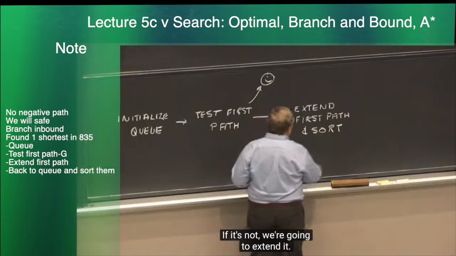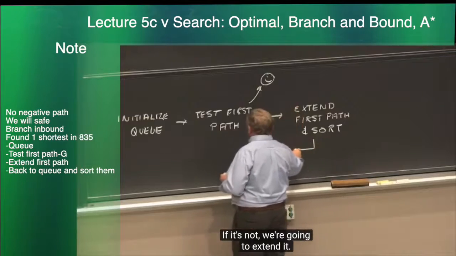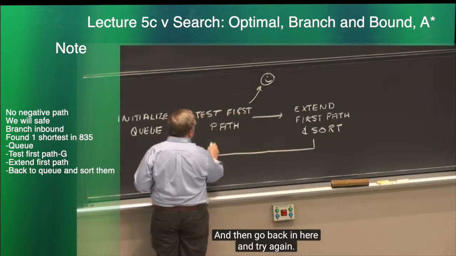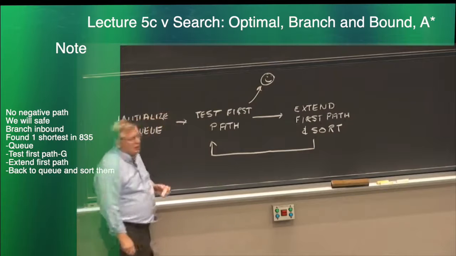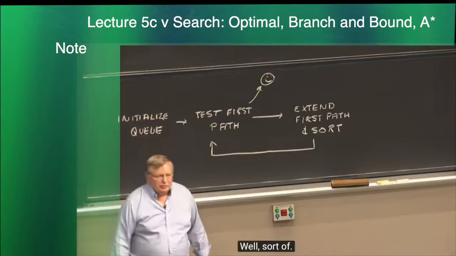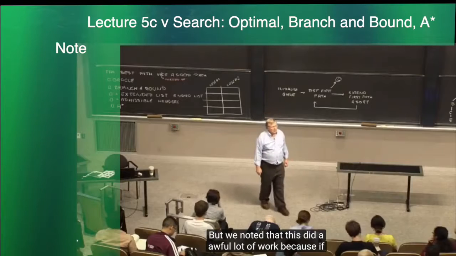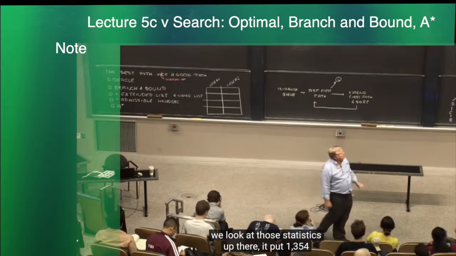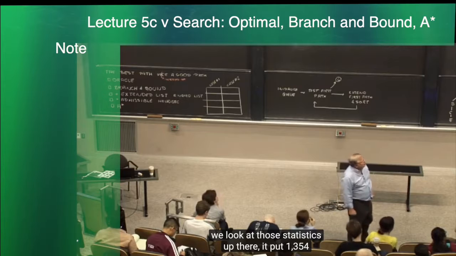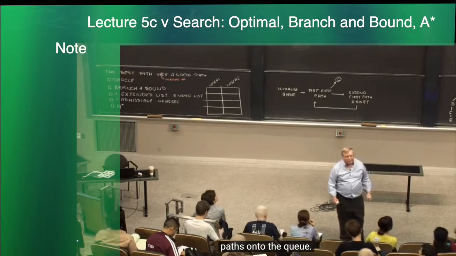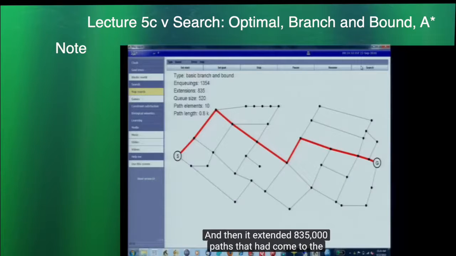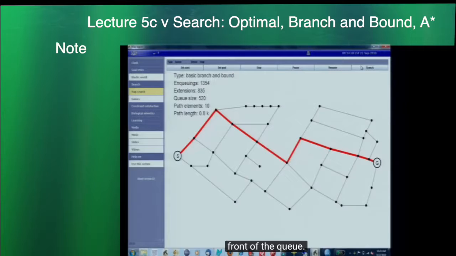If it's not, we're going to extend it and then go back in here and try again. Well, sort of. But we noted that this did an awful lot of work, because if we look at those statistics up there, it put 1,354 paths onto the Q. That's the enqueuing part. And then it extended 835 paths that had come to the front of the Q.